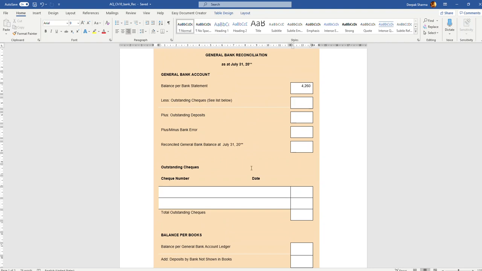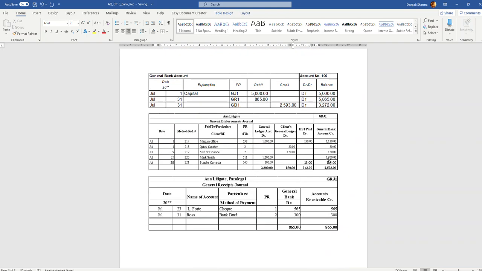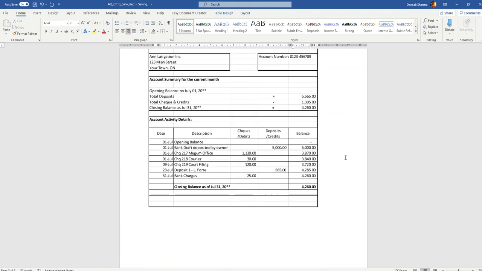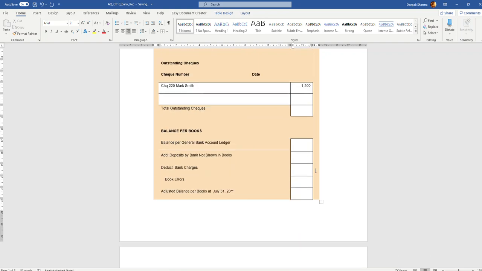So here I'm going to use this space at the bottom to list all my checks. I say check number 220, Mark Smith, and the amount is 1,200.